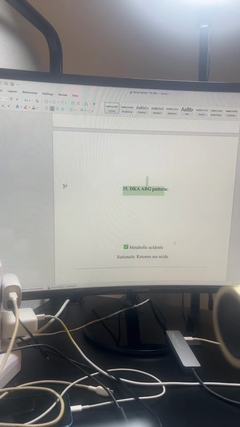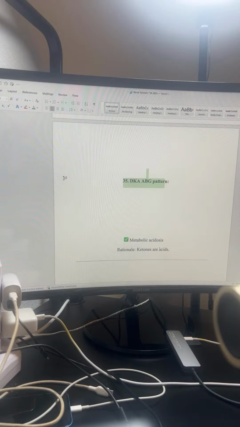So your ketones are acids, so the patient is going to be acidotic, and then the kidneys are giving problems, so it's going to be a metabolic problem. If it's compensating, it's going to be a respiratory compensation.